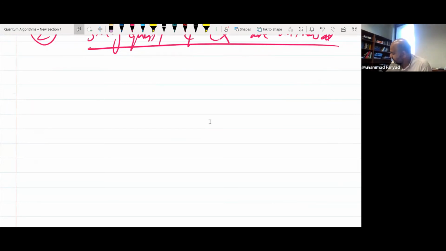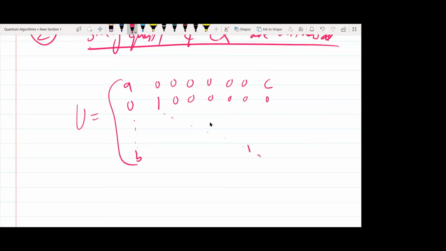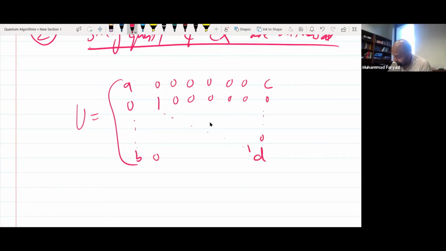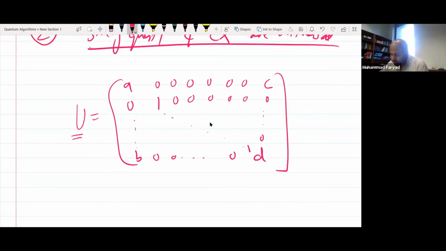So let me actually do it with an example, because I think that will illustrate it the best. Let's say you have a two-level unitary matrix like this, with zeros, then ones all the way to the second last, and then D. So this is the type of two-level unitary matrix that we broke down our general unitary matrix to, right?